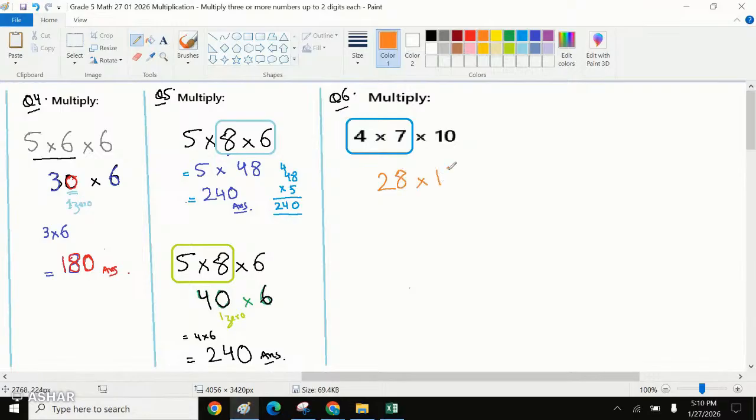Multiply by 10, we know there is 1 zero. That means 28 multiplied by 1 should be 28, and we simply put down the number of zeros. This would be 280. So we can say 4 multiplied by 7 multiplied by 10 is 280.